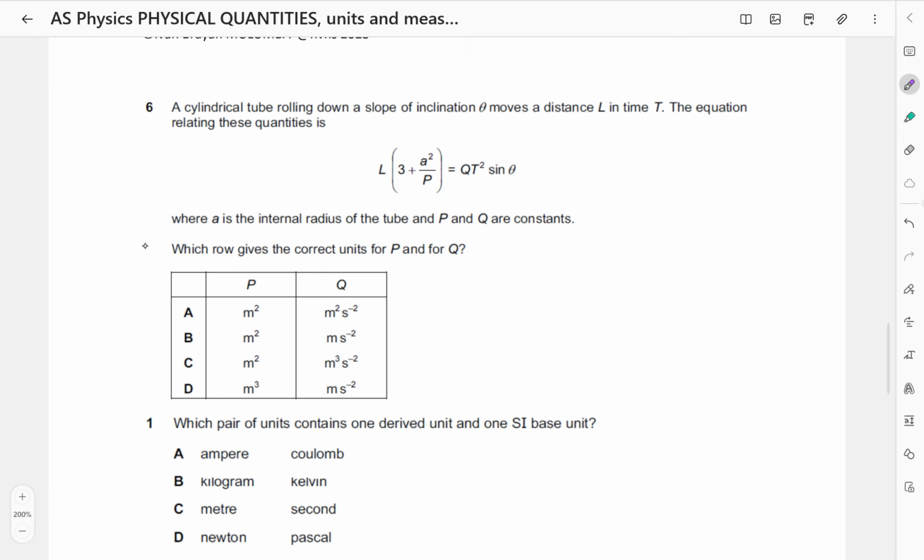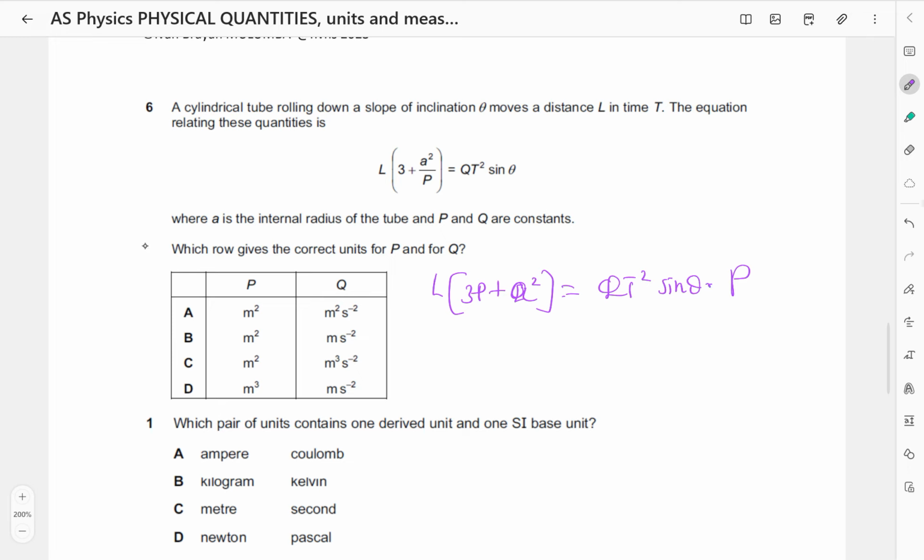On the right hand side, Q's units are not known. Of course, sine theta has no units. So L(3P + a²) should be equal to QT² sin θ.